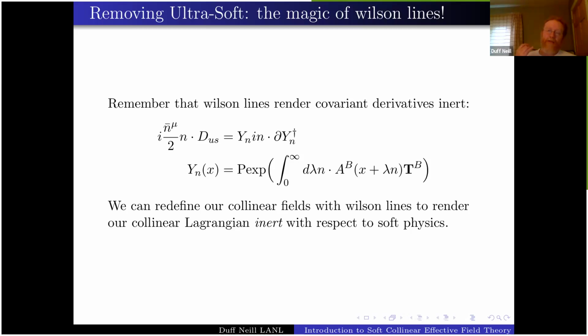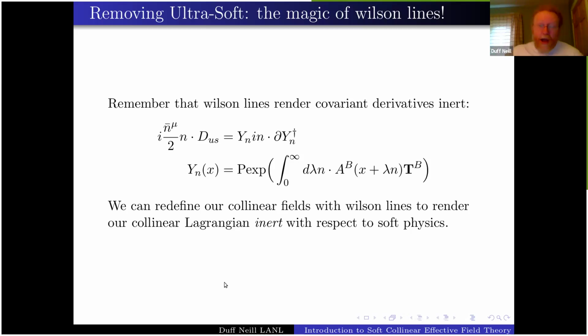All I have to remember now, though, is that I have to point my Wilson line in a different direction. I can't point it in the n-bar direction, which is what I did for the collinears. Instead, I need to point it in the n direction. And that's just dictated to me by the fact that I have this n dot ultrasoft.